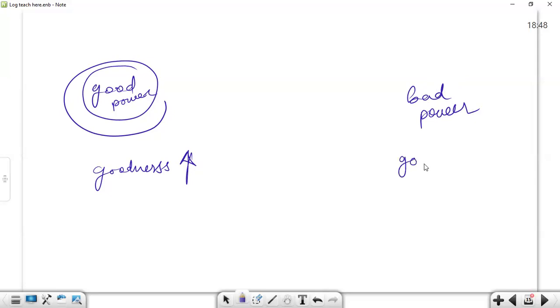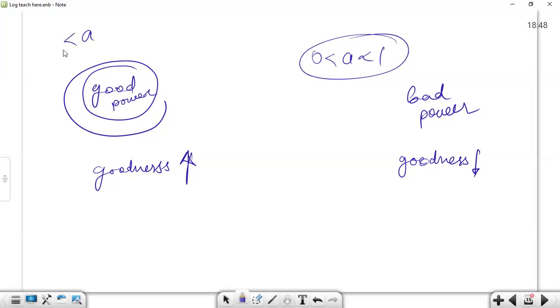So overall goodness here will decrease. So it's like the base of a less than 1 and greater than 0. Here the base is more than 1, so when we give more power to it, it will itself increase.